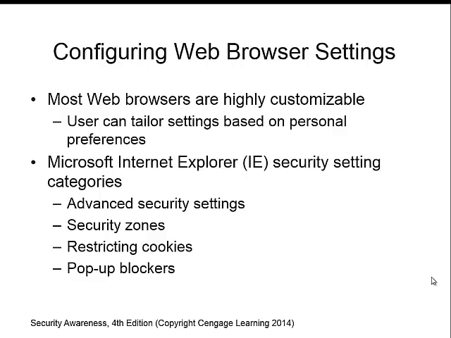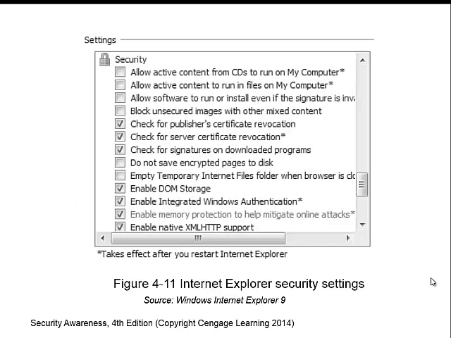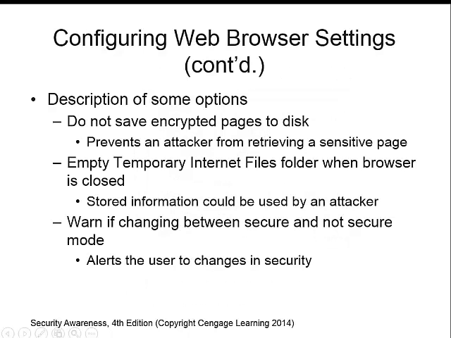For example, in Microsoft Internet Explorer security settings categories, you have advanced security settings, security zones. You can restrict the cookies, and you can restrict the pop-ups. Here's an example of the Internet Explorer security settings. The other web browsers also contain security settings that you can set.